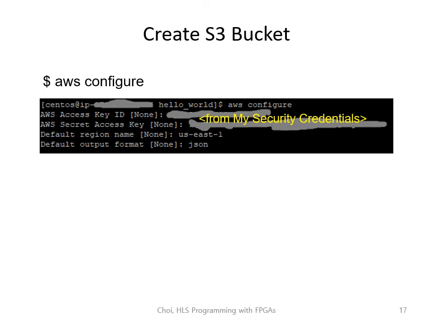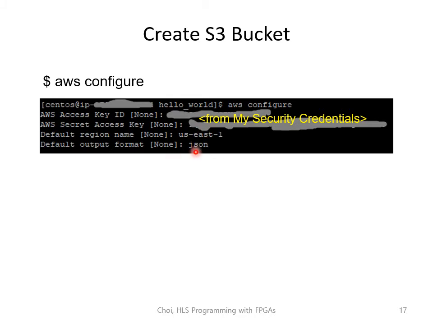Now you know your access key, you can set up your credentials to access your bucket. In your AWS console, type aws configure. It'll ask for your access key ID and your secret access key you got from My Security Credentials. Go ahead and type that in. Next, it'll ask for your region name and output format.